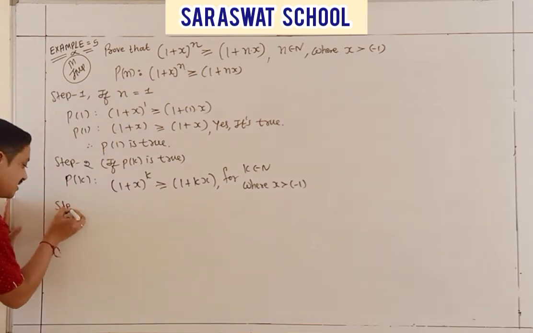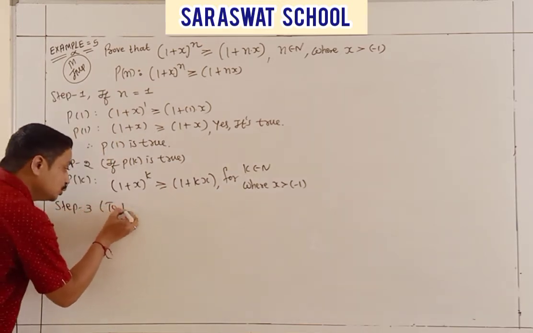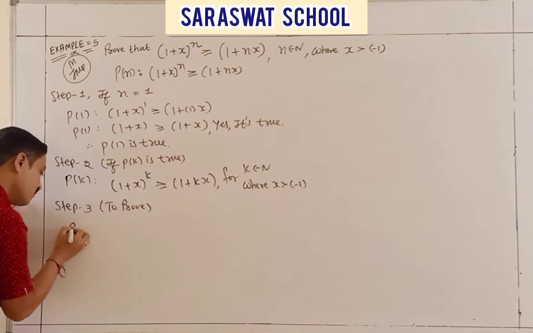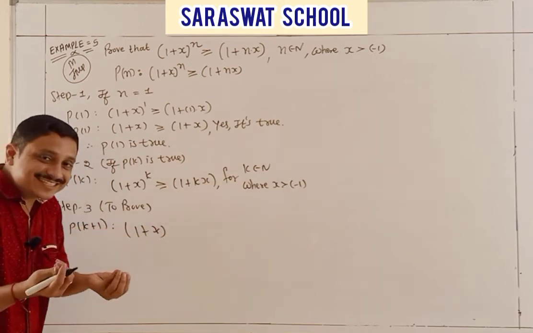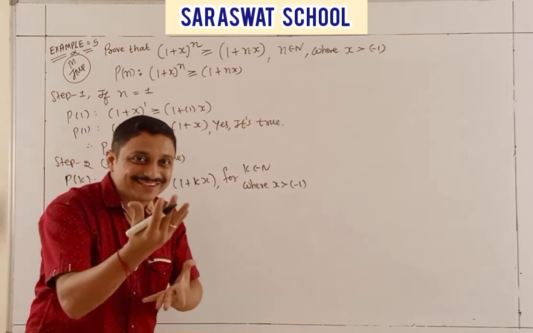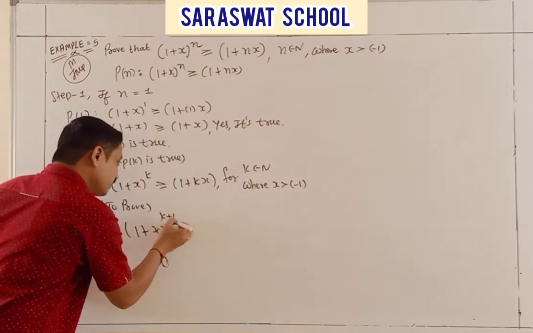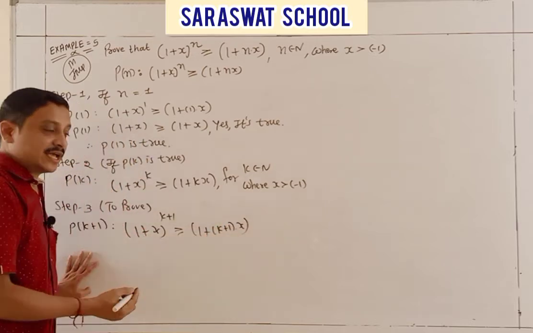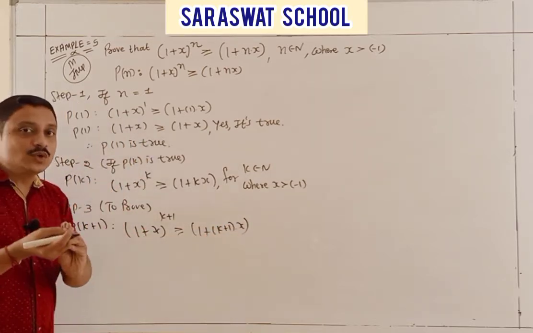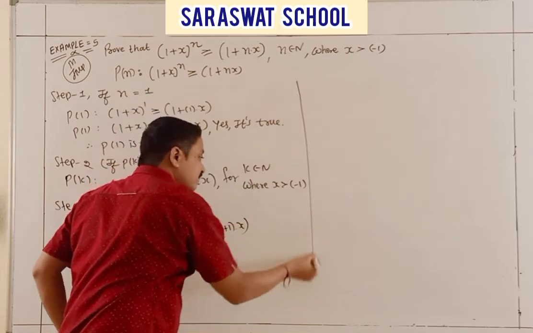Yes, what is step 3? To prove P(k plus 1). What is the change? k changes to k plus 1. Here k plus 1: 1 plus x raised to k plus 1 is greater than or equal to 1 plus k plus 1 into x. And now I start slowly my proving.